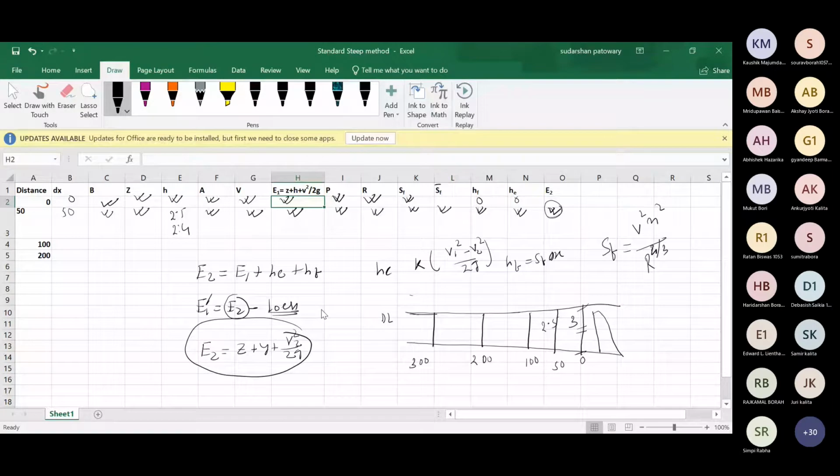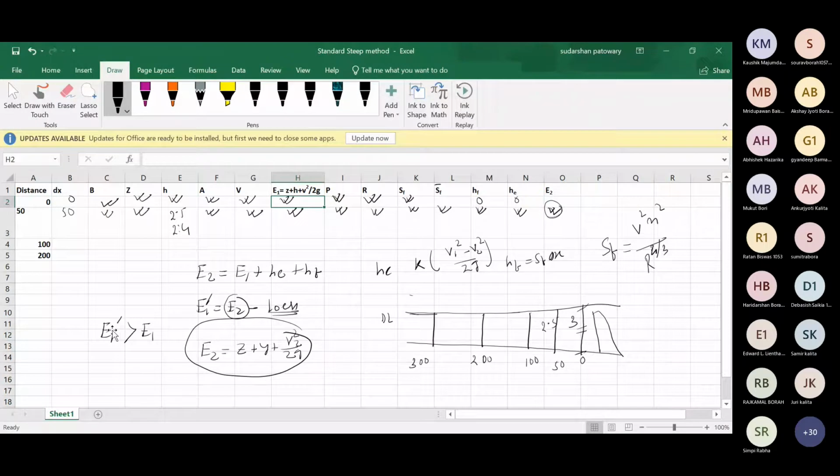So if this E1 dash is greater than your E1, the first step E1, then in the next step you have to reduce the water depth. That means suppose in the next step we will move to 2.4, because the energy that is calculated is on the higher side. We have to reduce that.